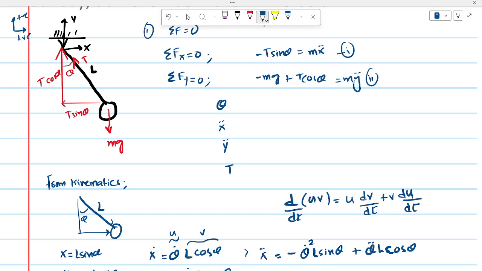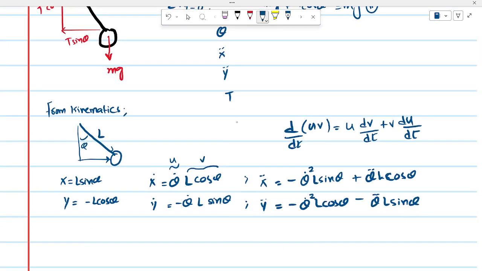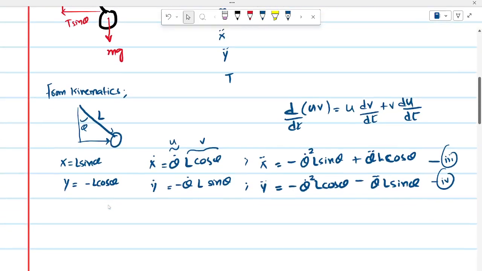And the same for y: the double derivative of y becomes minus theta dot square L cosine theta minus theta double dot L sine theta. So now we have two more equations, equation number 3 and equation number 4, and the next thing is to substitute these into our other equations.